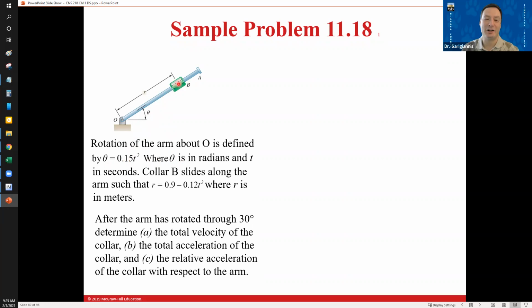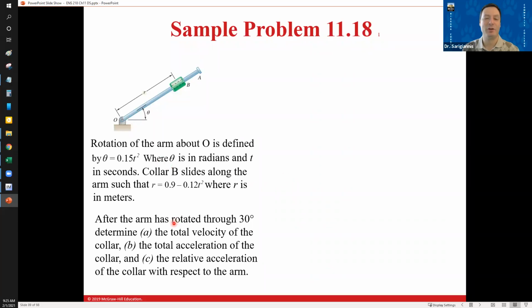Now you have this collar here, B, and it slides along the arm, such that the radius also changes with respect to time. As time increases, it looks like this is decreasing, which kind of makes sense. The arm's swiveling up, and this is sliding down.